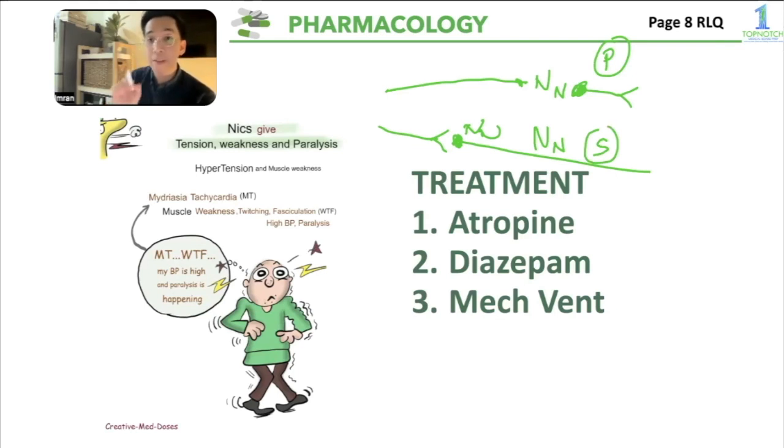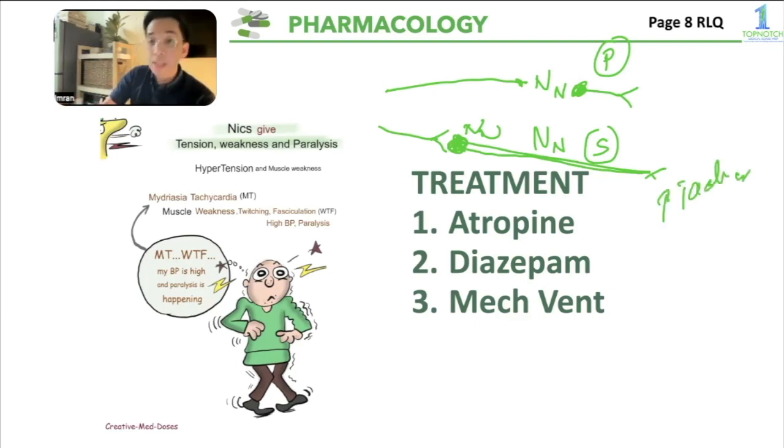Kaya, ang side effect ng excessive stimulation with your nicotinic agents will cause, okay, una, yung parasympathetic side effects natin kanina, yung diarrhea, nausea and vomiting, mga ganon, okay? Plus sympathetic side effects kasi na-stimulate mo pati yung sympathetic nervous system.